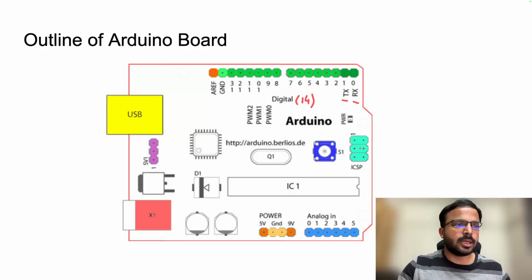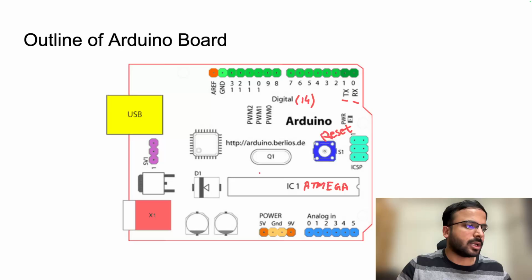This is the in-circuit serial programmer used for serial programming. Then you have your reset button, right? You can say this is your reset, right? And then you have this Atmega microcontroller, right?